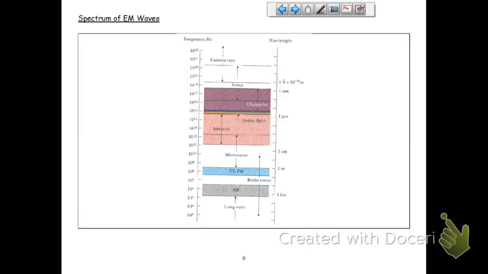The atmosphere lets through visible light, blue better than red, but is not so good for X-rays and gamma rays, thank heavens, or else we'd be X-rayed all the time and gamma rayed all the time. So it protects us from those. It lets through a lot of the radio, but not all of the radio.